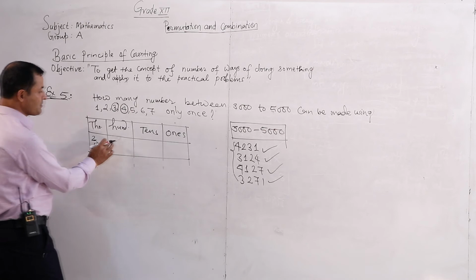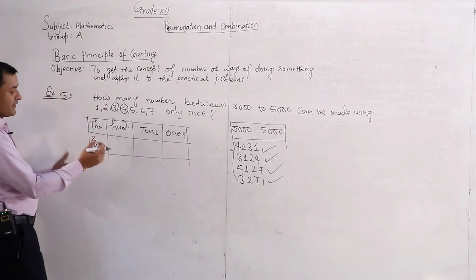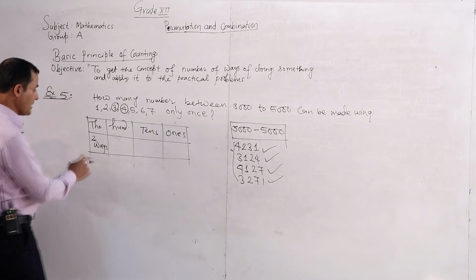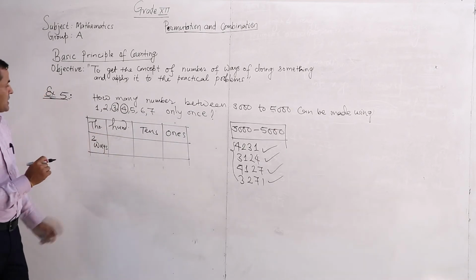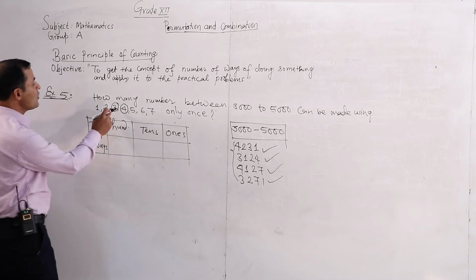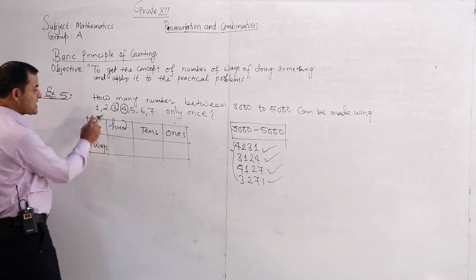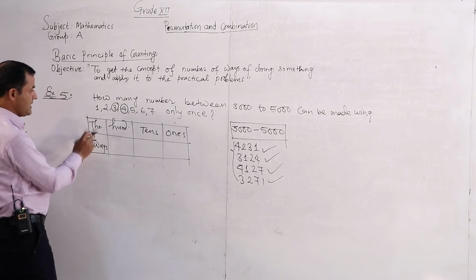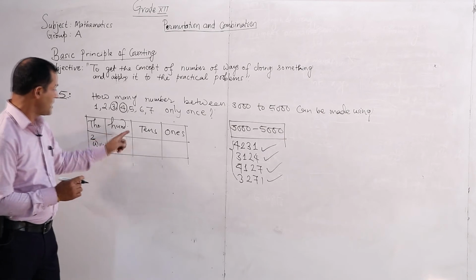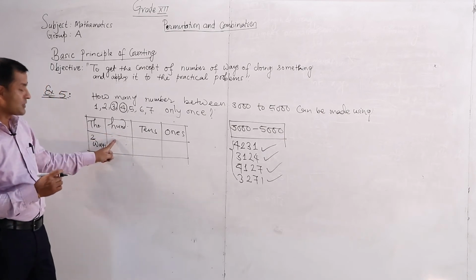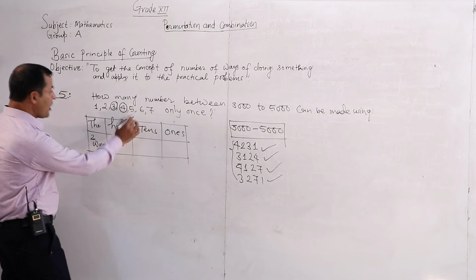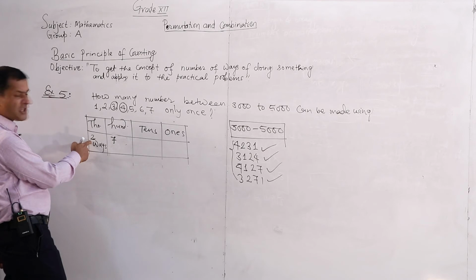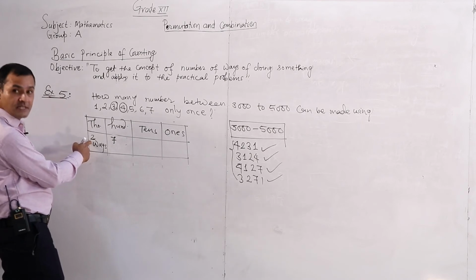Now the remaining places can be filled in this way or that way, left to right or right to left, whatever. So for the hundreds place, how many choices? One of the available digits is already used here. Altogether we have 7 digits, and either 3 or 4 is already used in the thousands place.